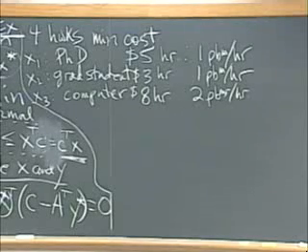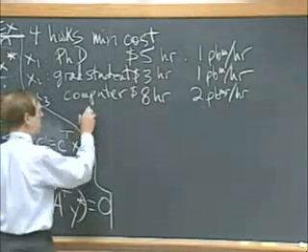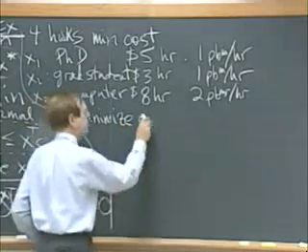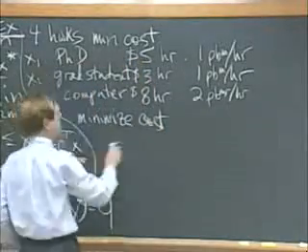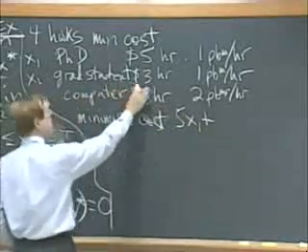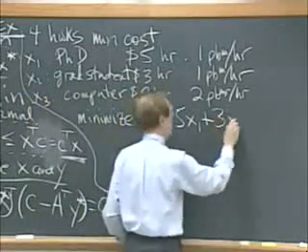And can we state it as a linear program? So what's the cost? We minimize the cost, which is what? Well, this is $5 an hour for x1 hours. And the grad student costs $3 an hour for x2 hours.